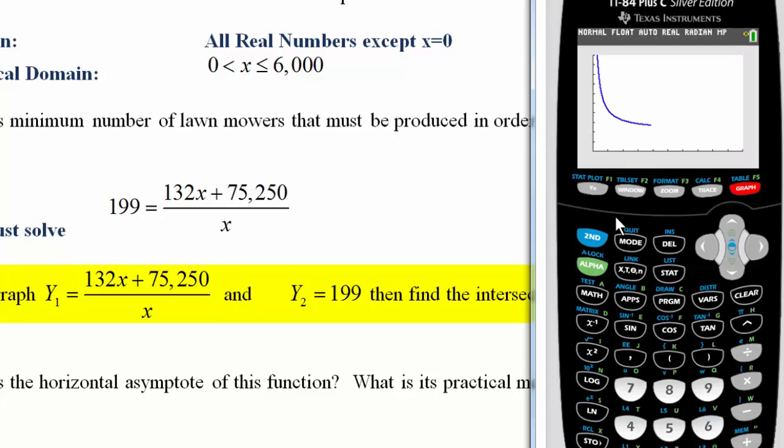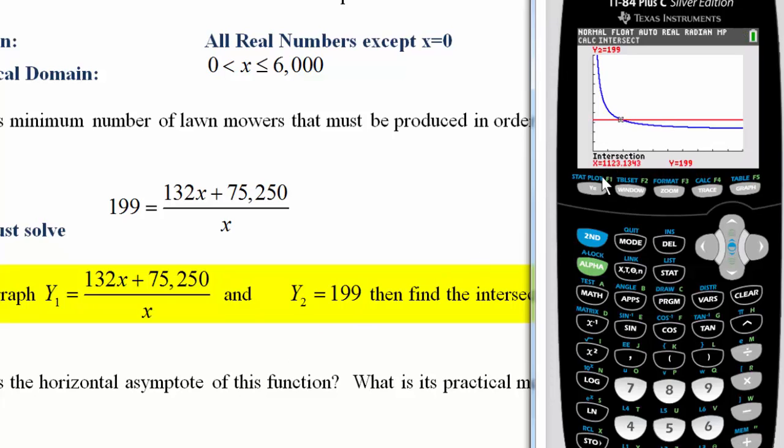That's not bad. Let's see if we get the intersection. And the intersection does appear on our viewing window, so this is pretty good. Now, you remember, to get the intersection, we press second, trace, because we're going to calculate the intersection, number 5. I press enter, there's my second curve, my guess, and it looks like 1,123.